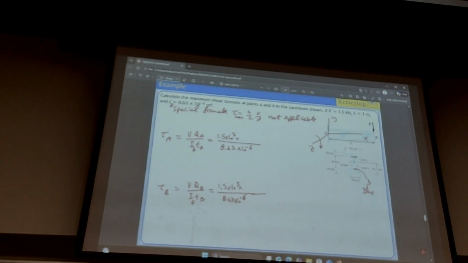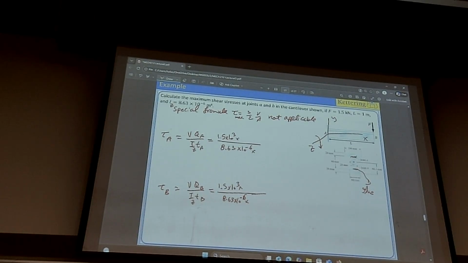Thickness at point A and thickness at point B are really the same, the thickness of this middle piece, or really the glued area. They're 20 millimeters, or 20 times 10 to negative 3.